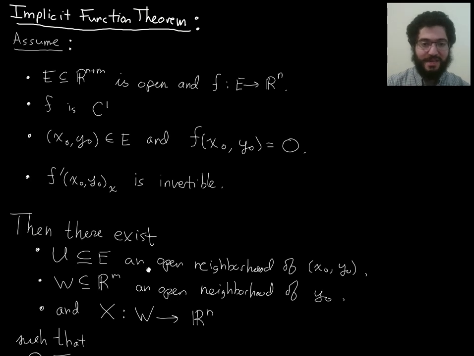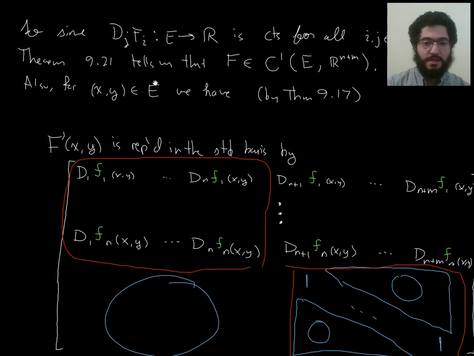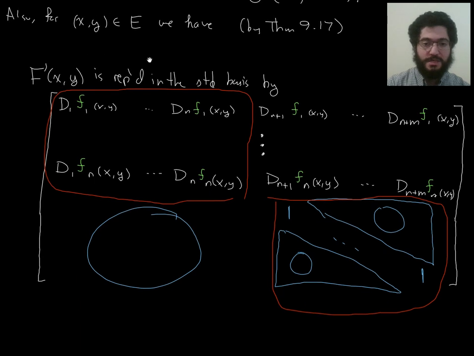When we say subscript x, on the side of matrix representations, it's having the effect of taking the left half. When we say subscript y, it has the effect of taking the right half. So our assumption at the very top is that if I put in x naught for x and y naught for y, then this matrix in red here is invertible.